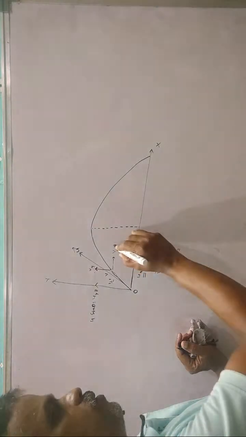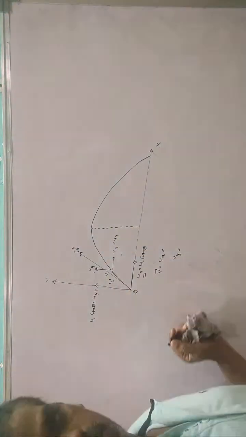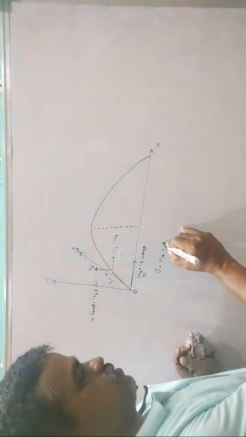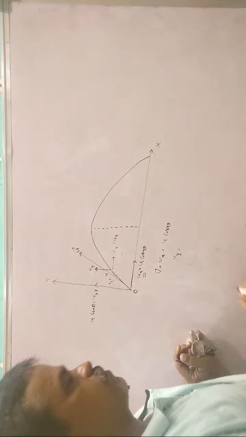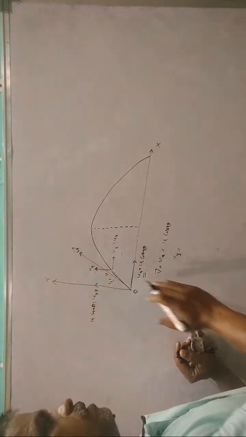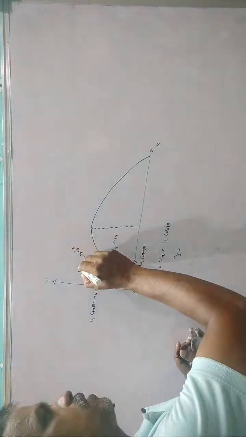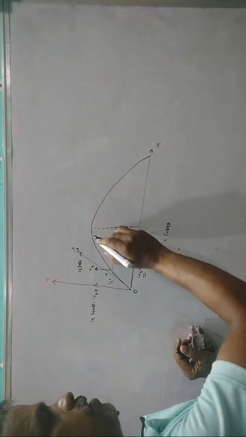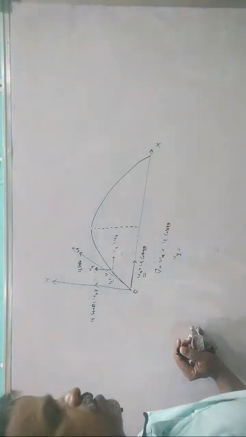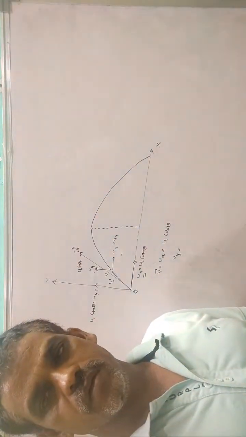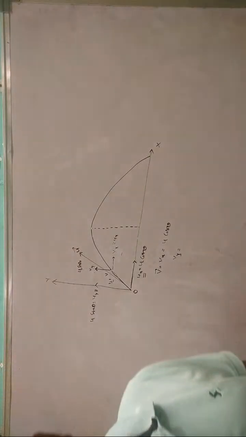Vx is equal to ux, u cos theta only. So vx equals u cos theta. Vy varies up to here, at maximum height. What happens at maximum height?